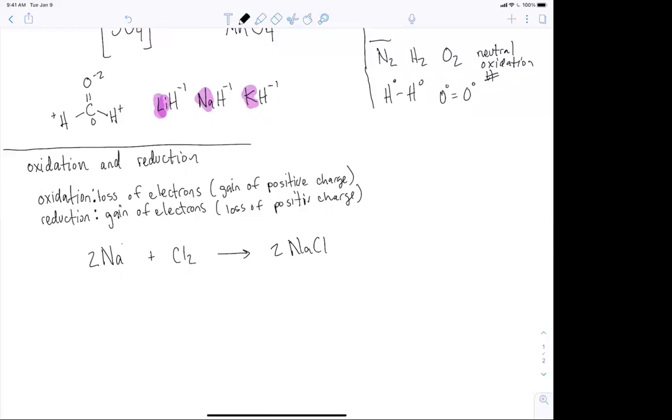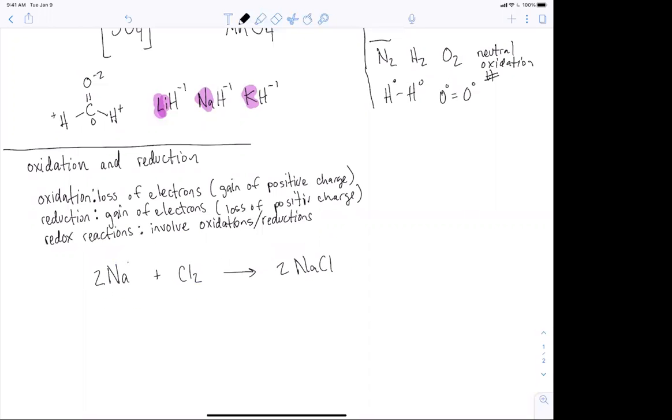And so this reaction is a redox reaction, which means that, not surprisingly, it involves oxidations and reductions. So in a redox reaction, you'll have something getting oxidized and you'll have something getting reduced.